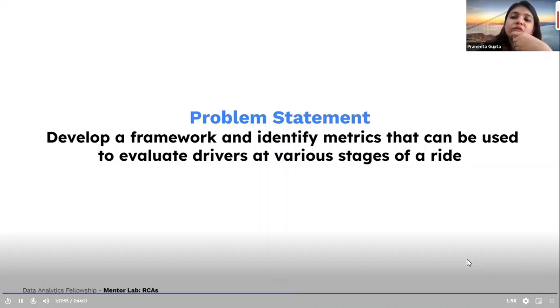हाँ, तो उसमें क्या हो गया ना, फिर वो ड्राइवर evaluation के लिए नहीं हुआ.